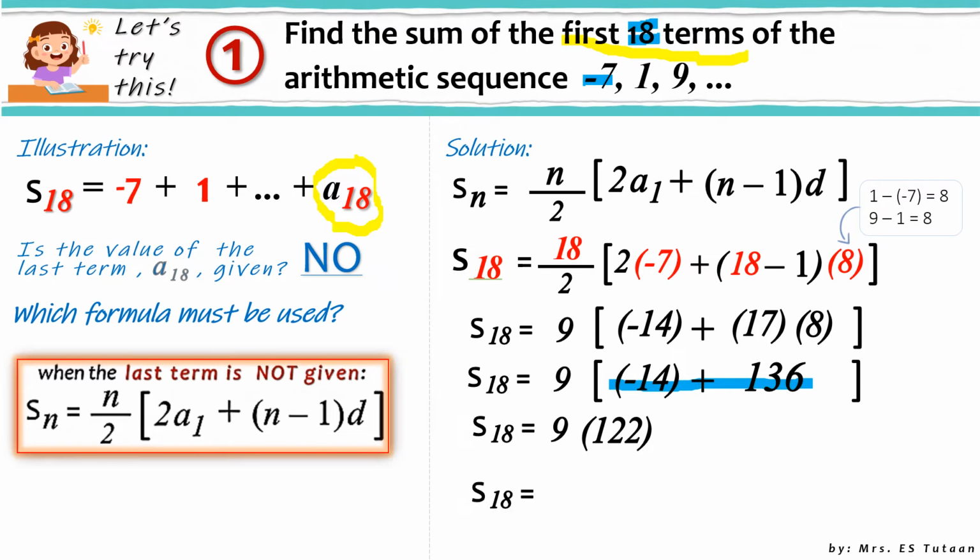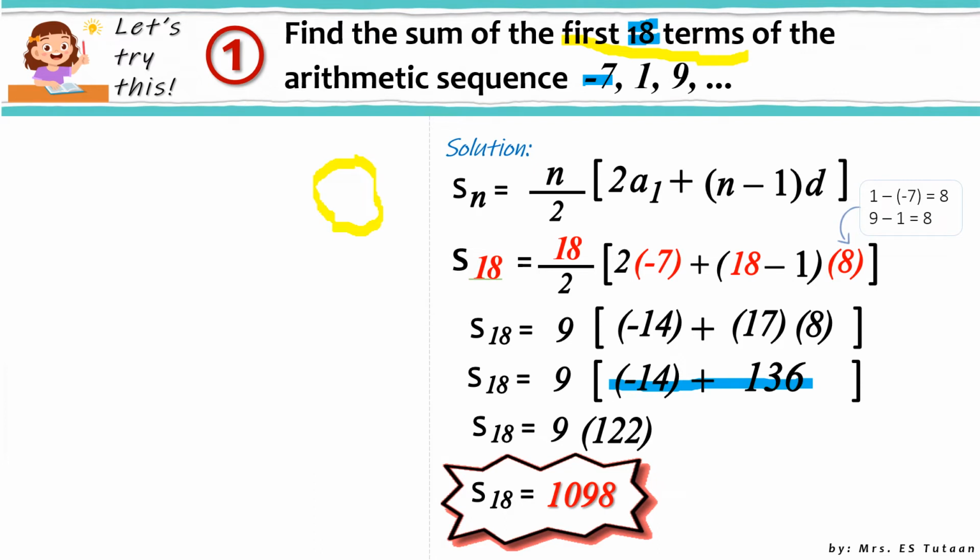And we have the sum of the first 18 terms of the given arithmetic sequence, whose a sub 1 is negative 7 and the common difference is positive 8, is we have 1,098. So, yan yung ating sum. So, i-multiply nyo lang tong dalawa.